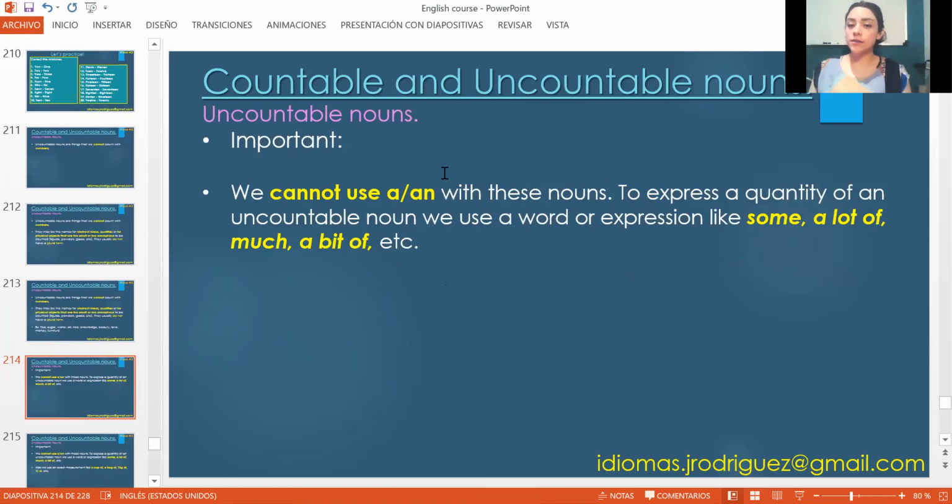Para los uncountable, no podemos usar a or an, like a water or a sugar. No, because it's not singular, it's an uncountable noun. But we can use some expressions like some tea, some sugar, some rice, a lot of rice, much air, a bit of furniture, okay, un poco de.